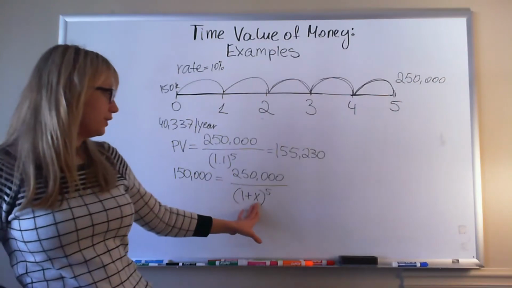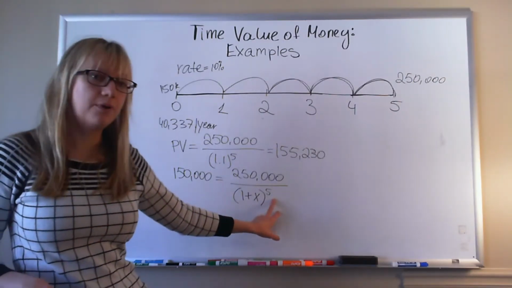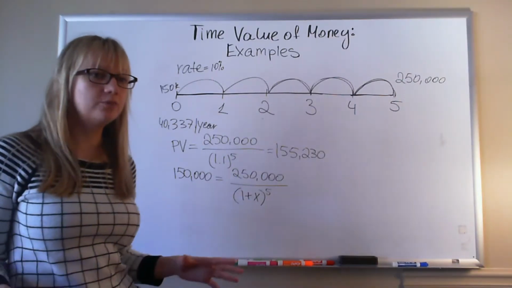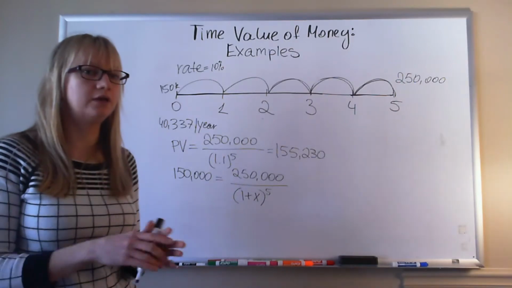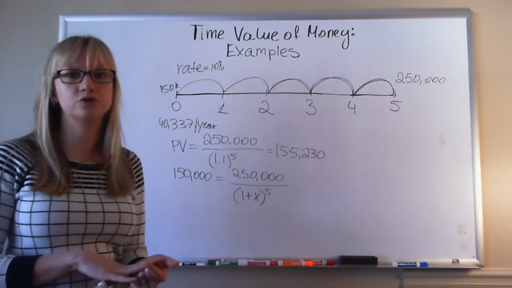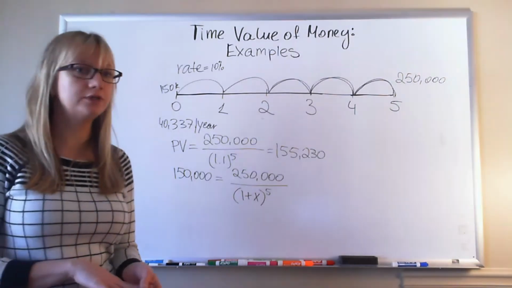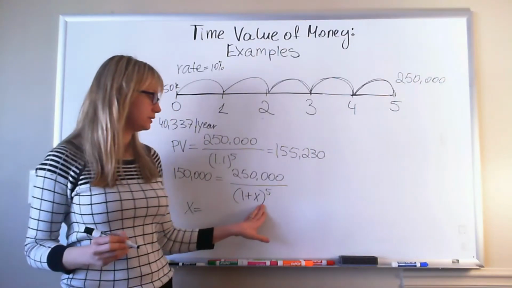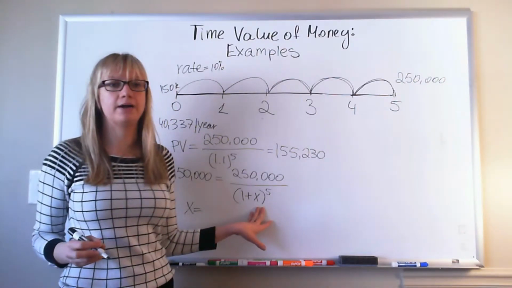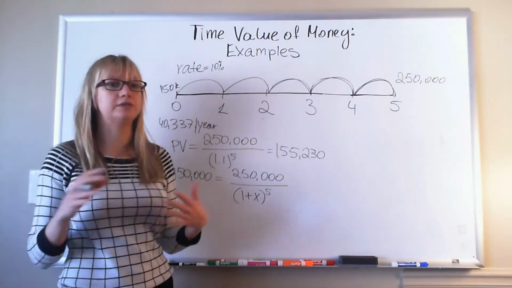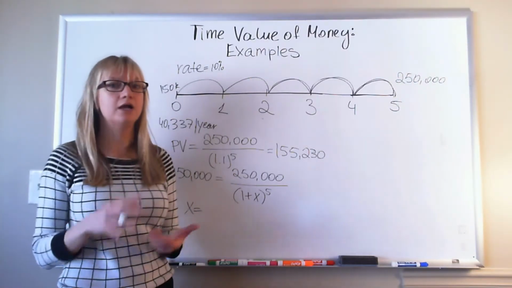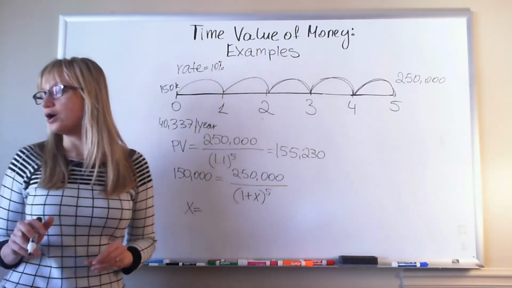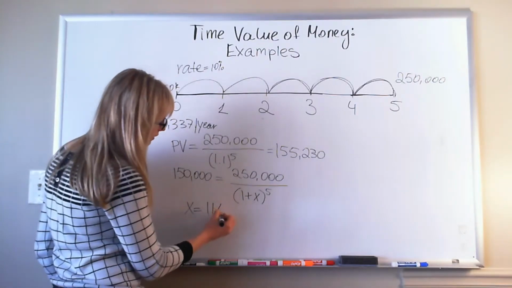This equation has only one unknown, but it's a fifth power equation. It would be a little bit tricky to solve on paper. You do need to use either a financial calculator, Excel, or some other software to solve this equation. I have the answer for you already, or you can just solve this equation by substituting x with, let's say, 10, then try 9, then try 11, and solve it that way, whichever way you think is easiest for you. So when we solve for x, we get 11%.